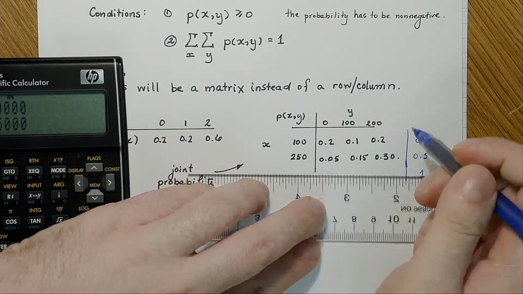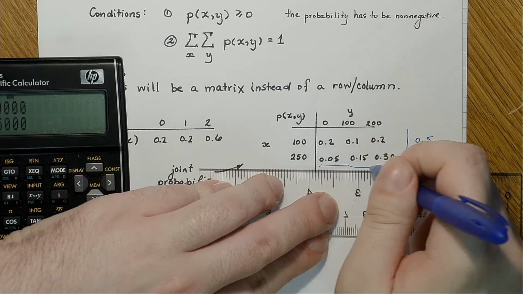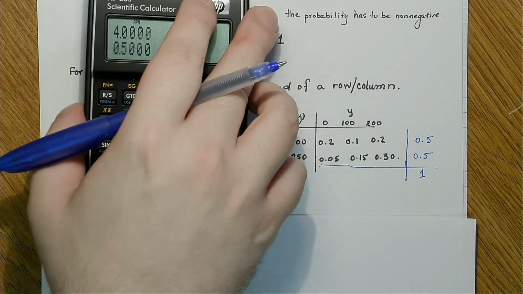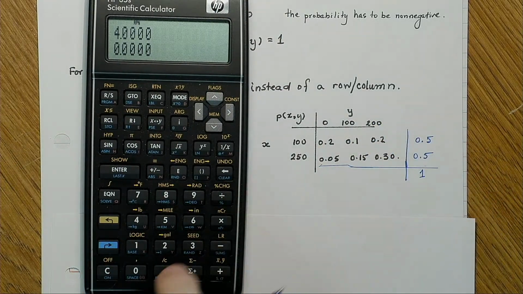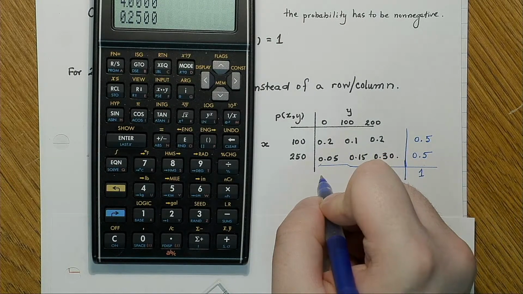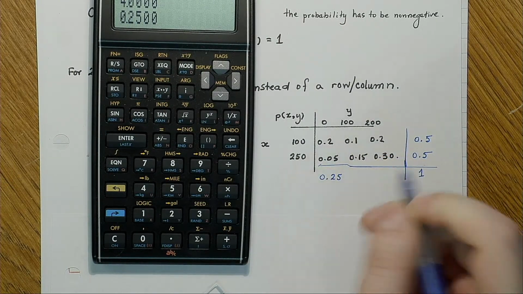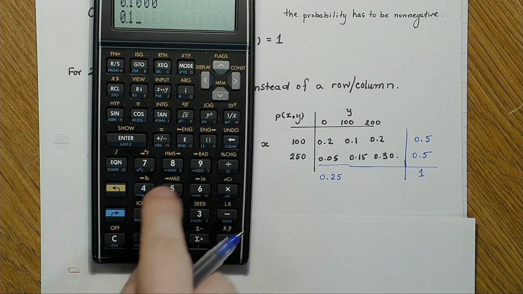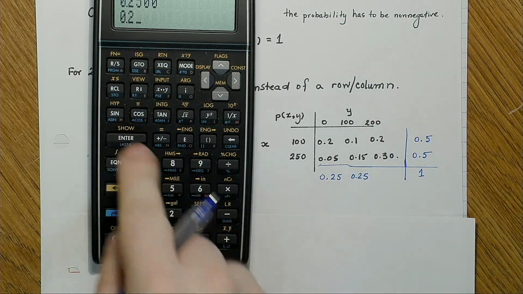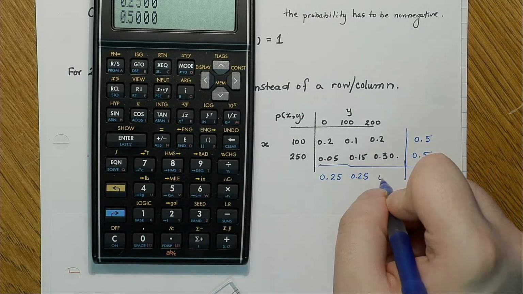The other thing, if you do it this way, so you have 0.2, you get 0.25, 0.1, and 0.15. You get a quarter. And here, you get 0.5.